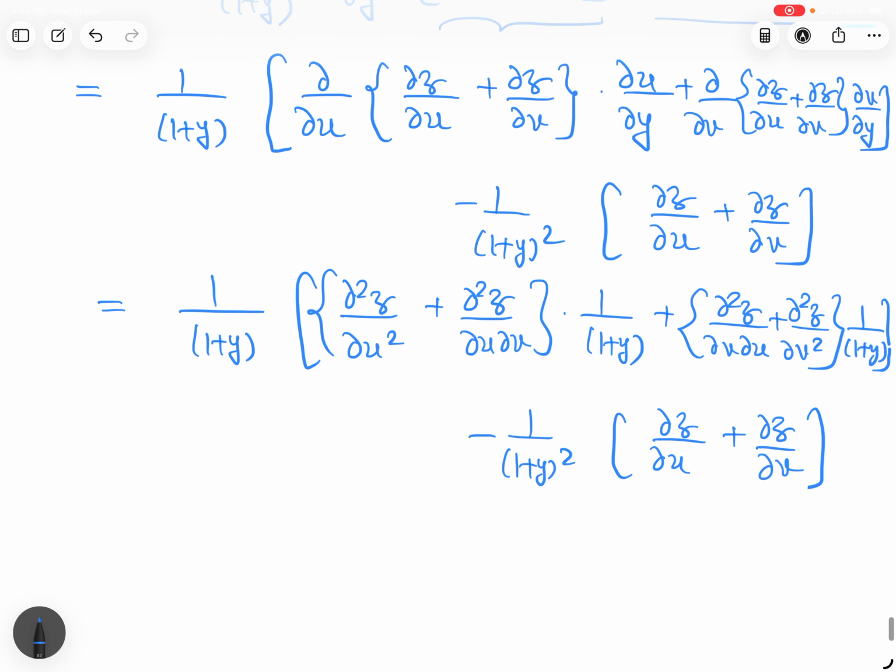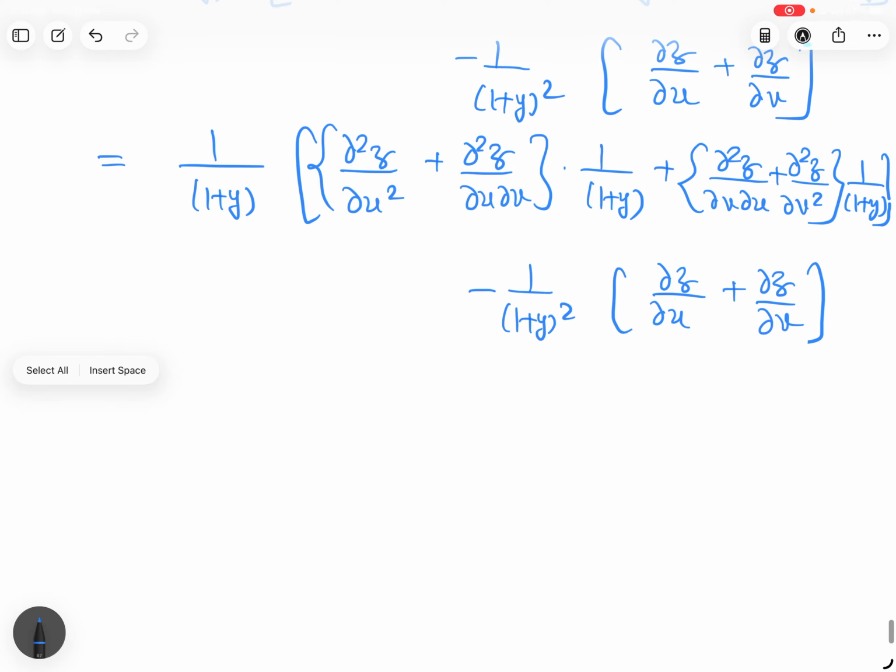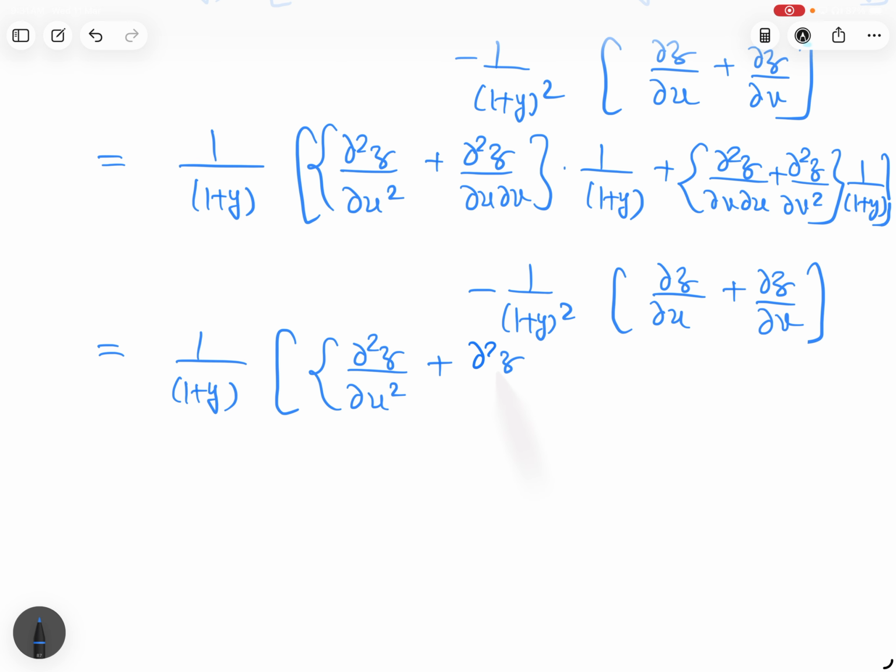Okay. So multiply inside everything. So one thing I have is 1 upon 1 plus y, del 2z del u square plus del 2z del u del v, 1 upon 1 plus y.